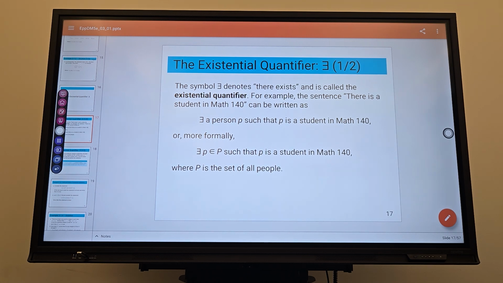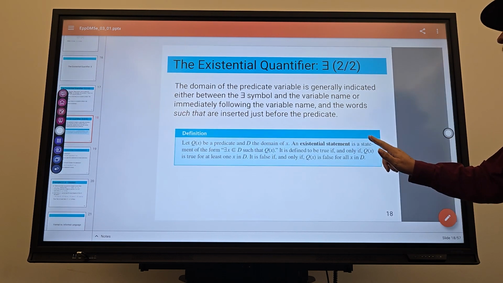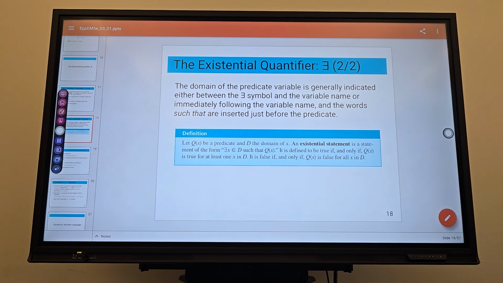Or more formally, in this form where P is the set of all people. The domain of the predicate variable is generally indicated either between the existential quantifier symbol and the variable name, or immediately following the variable name. The words such that are inserted just before the predicate.